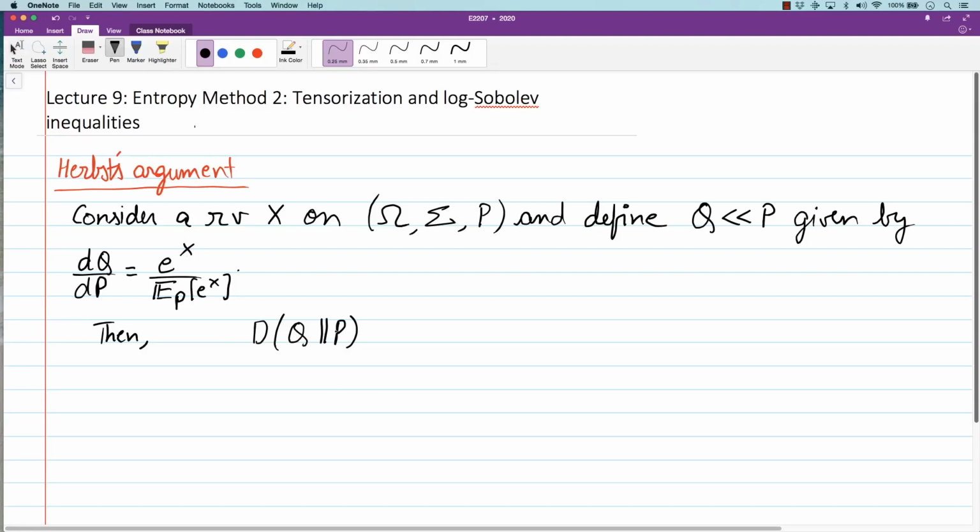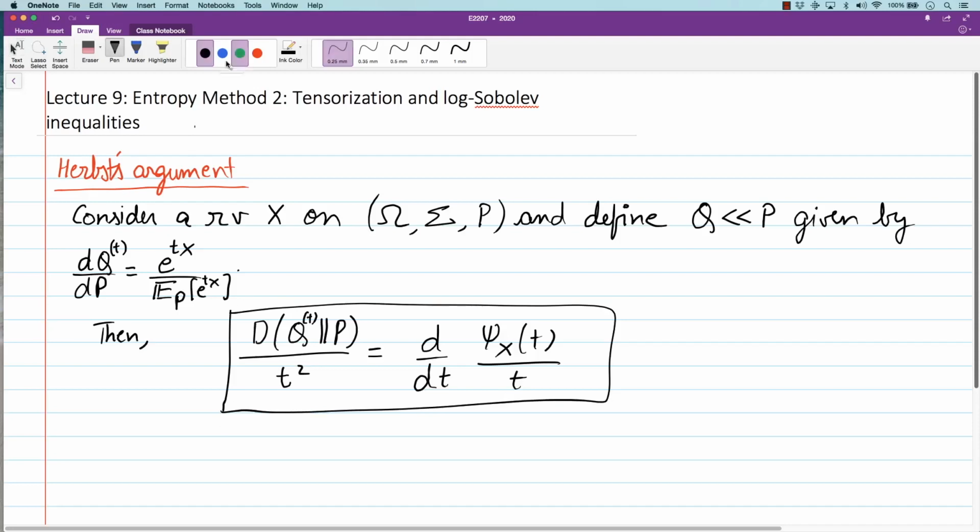So the divergence between q and p, with a t here, divided by t square is equal to the derivative of the log moment generating function at t divided by t. So this is some function, and its derivative is the divergence between q_t and p.